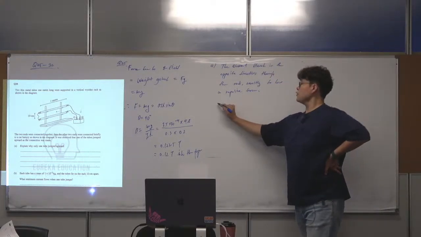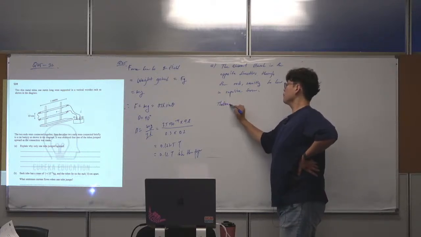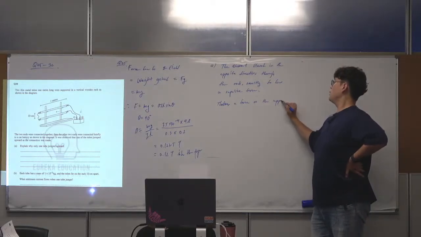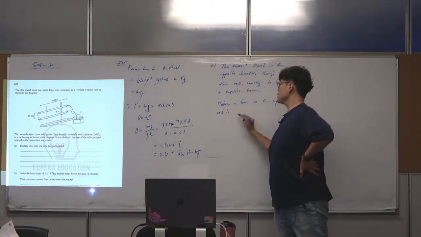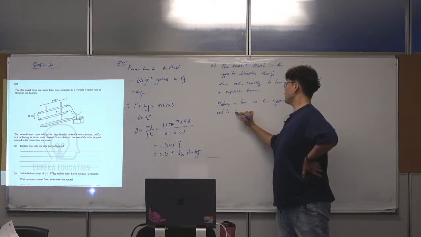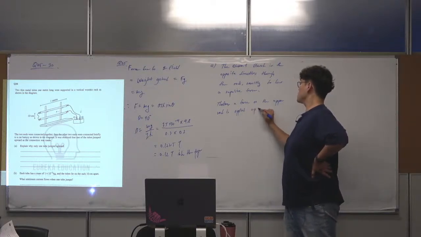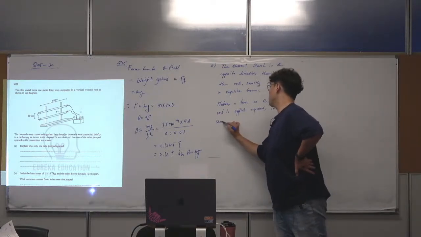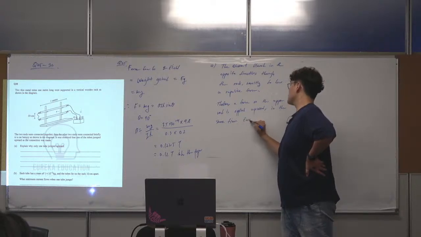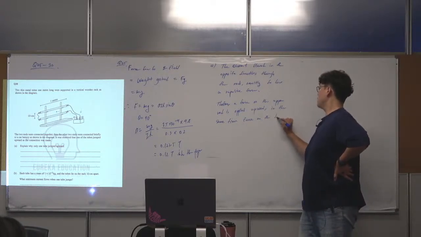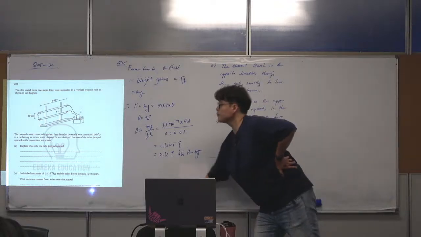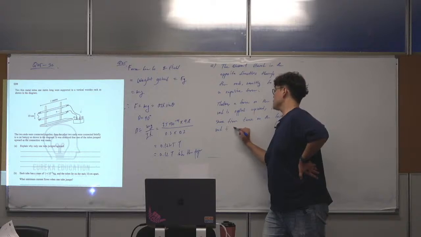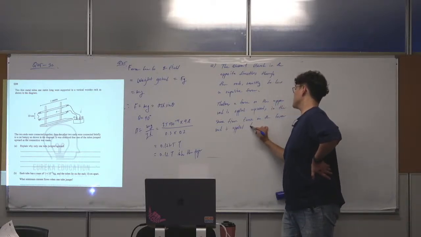There's a force on the upper rod which is applied upwards. At the same time, the force on the lower rod is applied downward.